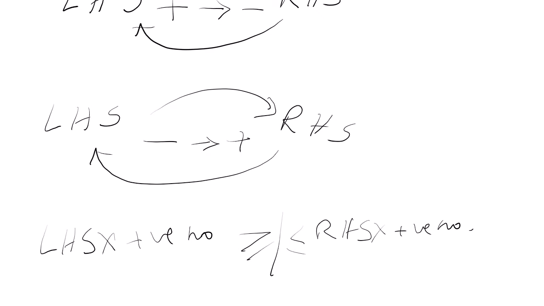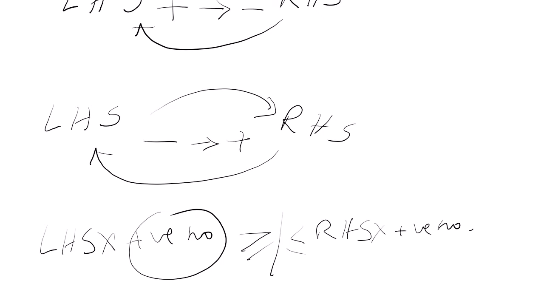Whatever is the inequality, it remains same. But if each side of the inequation is multiplied or divided by a negative number, this is the difference. When you multiply or divide by a positive number, the inequality remains same. But when you multiply or divide any side or both the sides of the inequation by a negative number, the inequality sign gets reversed.